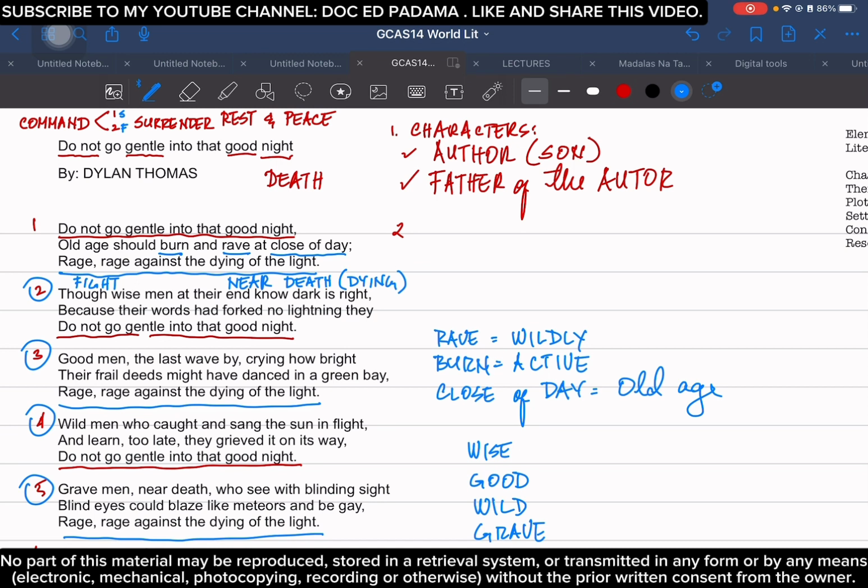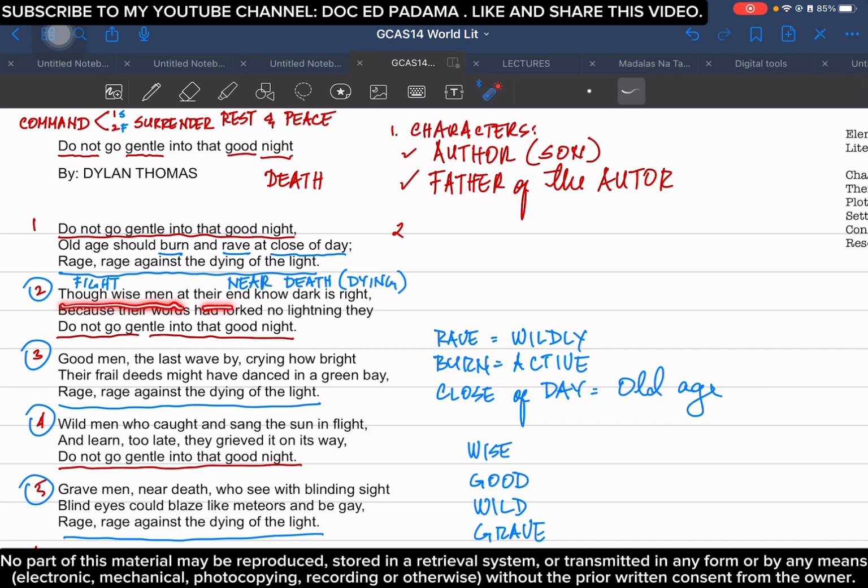That is why it would be simpler for us to see the bigger picture of this particular conversation if we just identify who these men are. Ano bang mga klaseng tao itong ginagamit ni Dylan Thomas para makumbinsi niya ang kanyang tatay na wag sumuko sa kamatayan. So number one, let's start with wise men under the second stanza.